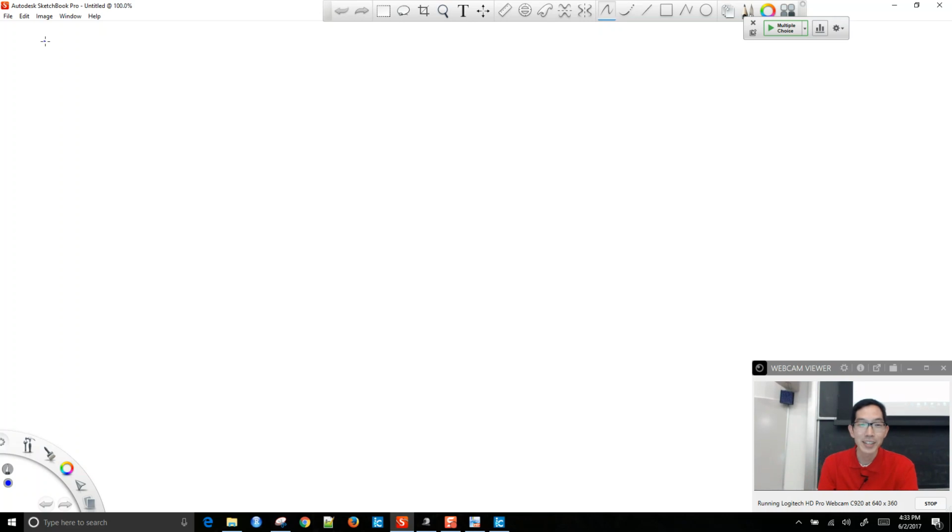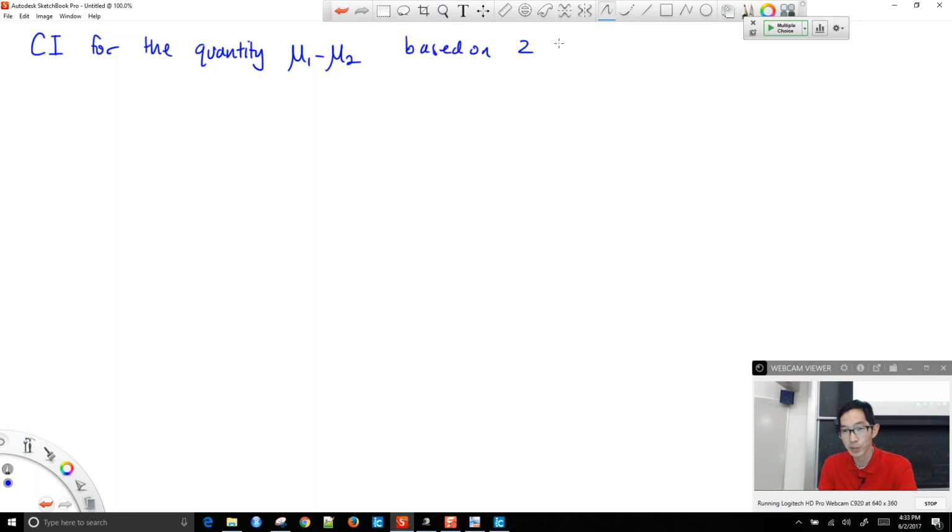All right, next topic: confidence intervals for the quantity mu1 minus mu2. Confidence interval for the quantity mu1 minus mu2 based on 2 samples. Okay. Here we are making a confidence interval for the difference between means, okay?